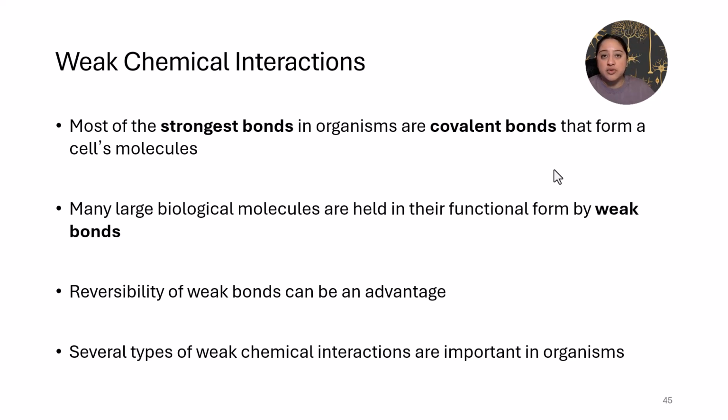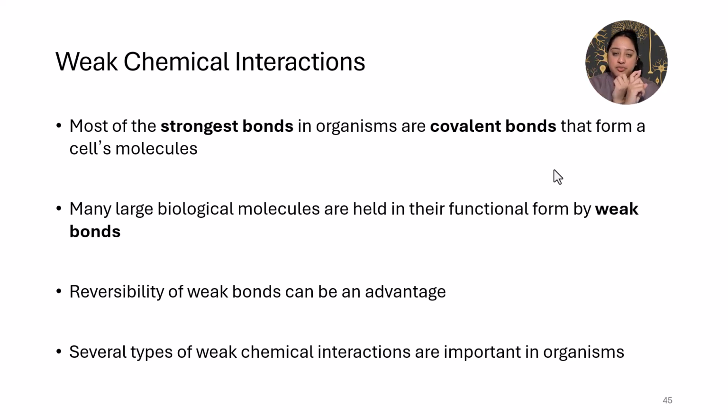So it is really helpful to also have weak bonds for a reason. You might think, why aren't they all strong if stronger is better? Sometimes it's really useful to have weak bonds. For example, think of the DNA double helix. That's two strands of DNA, and they're each held together by covalent bonds, but then the two strands are held together by weak bonds.